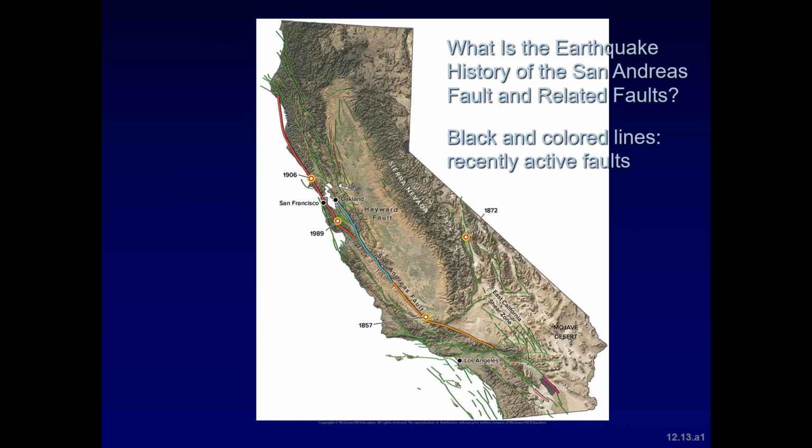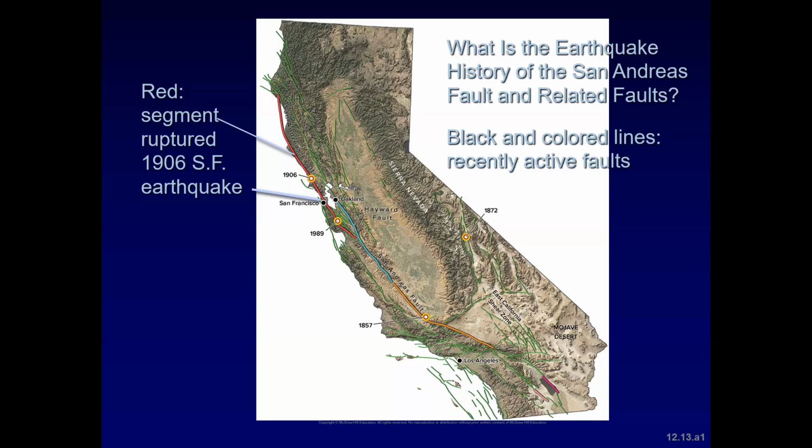Okay. So, what is the earthquake history of the San Andreas Fault and related faults? You have these segments of recently active faults. That's what these are. This red segment is the rupture that occurred with the 1906 San Francisco earthquake.